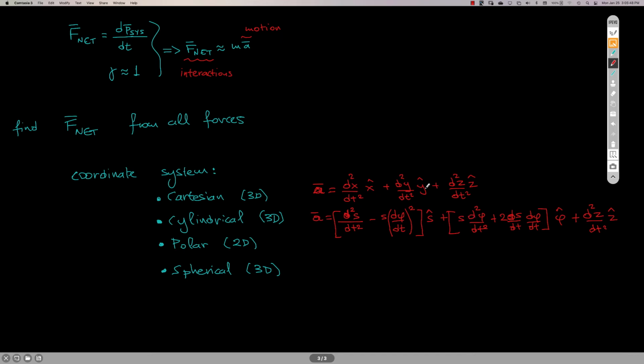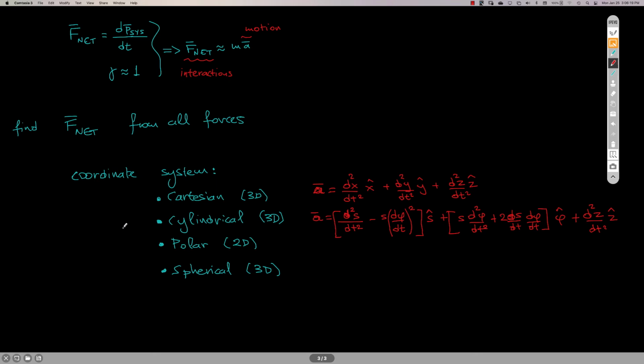Fairly different from the one that we have in the Cartesian coordinate system. For spherical coordinates, it is even more complicated than the one I wrote in the cylindrical coordinate system. For polar coordinates, essentially what you have is simply the first two terms, the s hat and the phi hat of the cylindrical coordinates, because cylindrical is s, phi, and z.